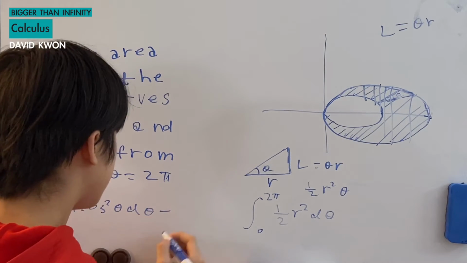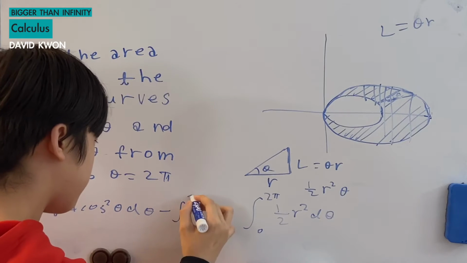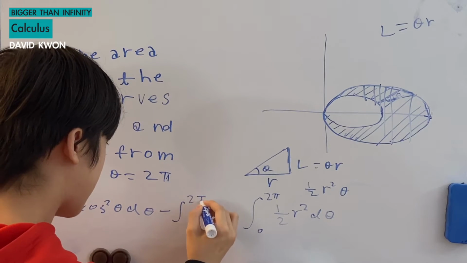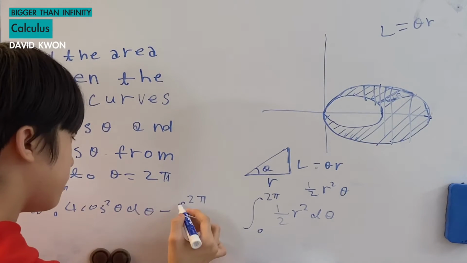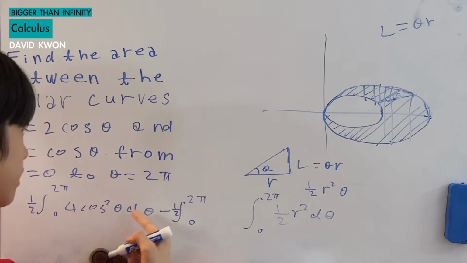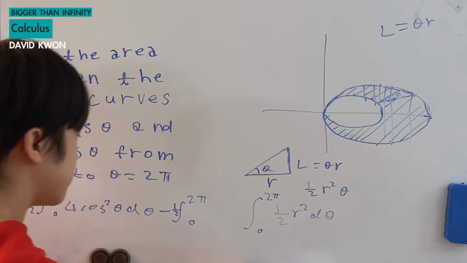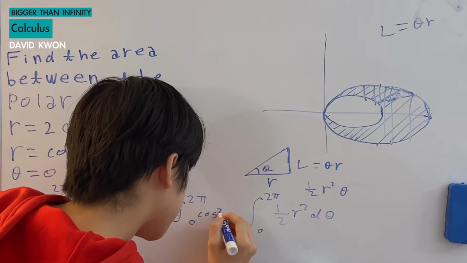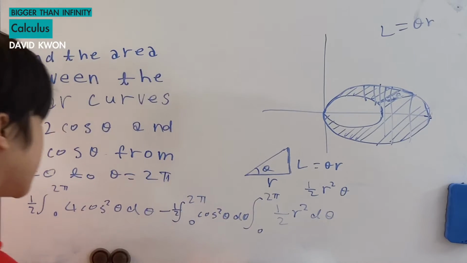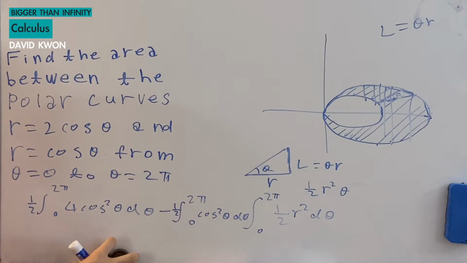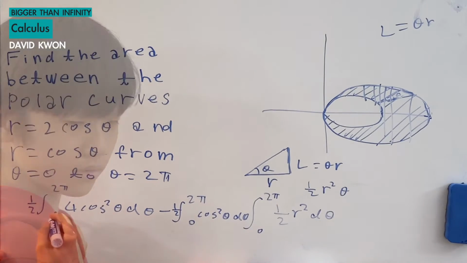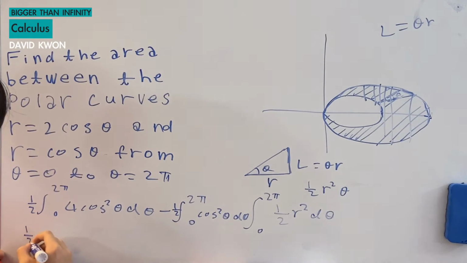Then minus the integral from 0 to 2 pi, again with 1 over 2 in front, where r is cosine theta, so cosine squared theta d theta. Now I can do some grouping, just like in algebra. The 1 over 2 and the integral from 0 to 2 pi stay here.